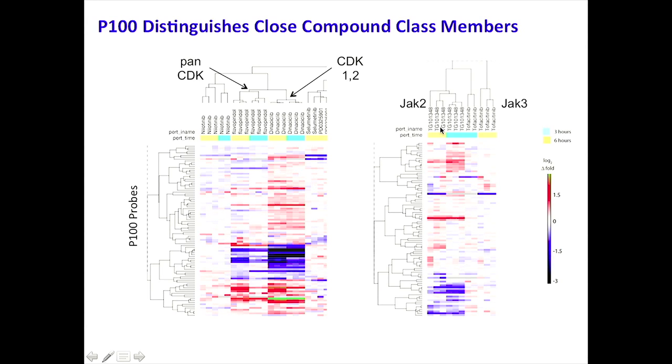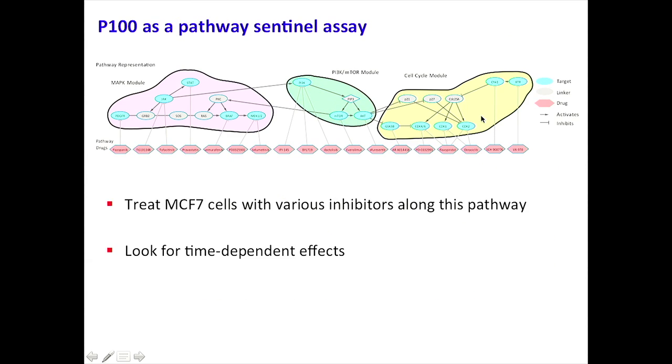And the same thing with JAK2 and JAK3 inhibitors. The signatures that those things develop are quite different, and we can clearly separate those two things as a readout. The other thing that we could do is take those drugs that I showed you a couple of slides ago and project them onto the kinases that they inhibit.